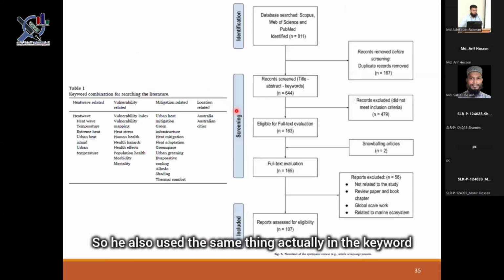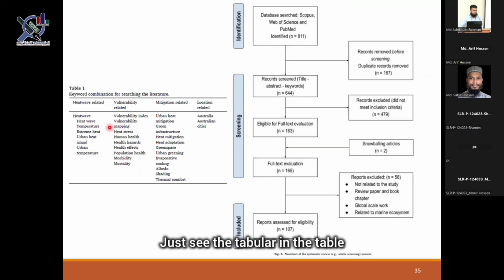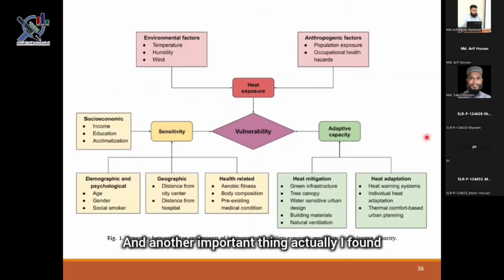He also used the same approach for keywords. Just see the table of relevant keywords, and he used a PRISMA flow diagram. Another interesting thing in this article is that he used a conceptual map in a figure, showing conceptually what topics he will cover, before going into the description.